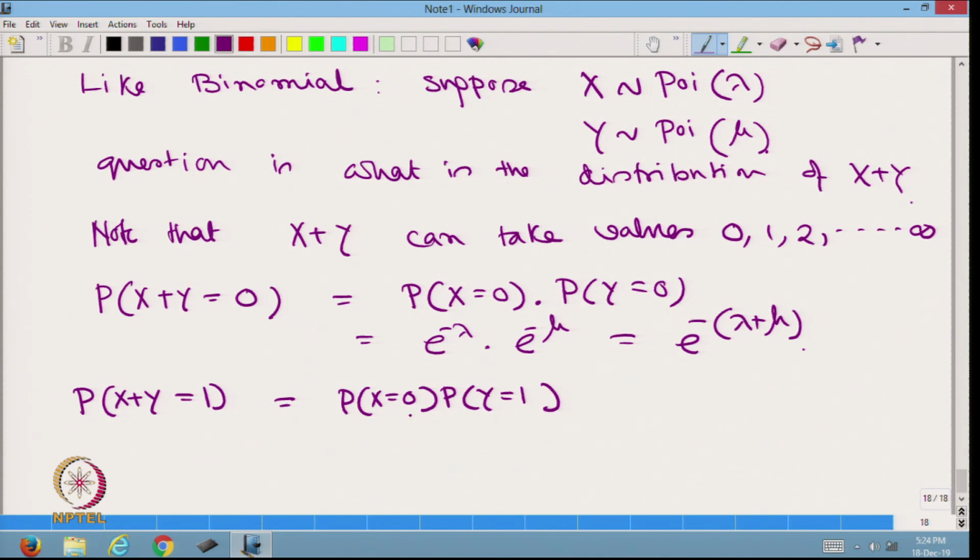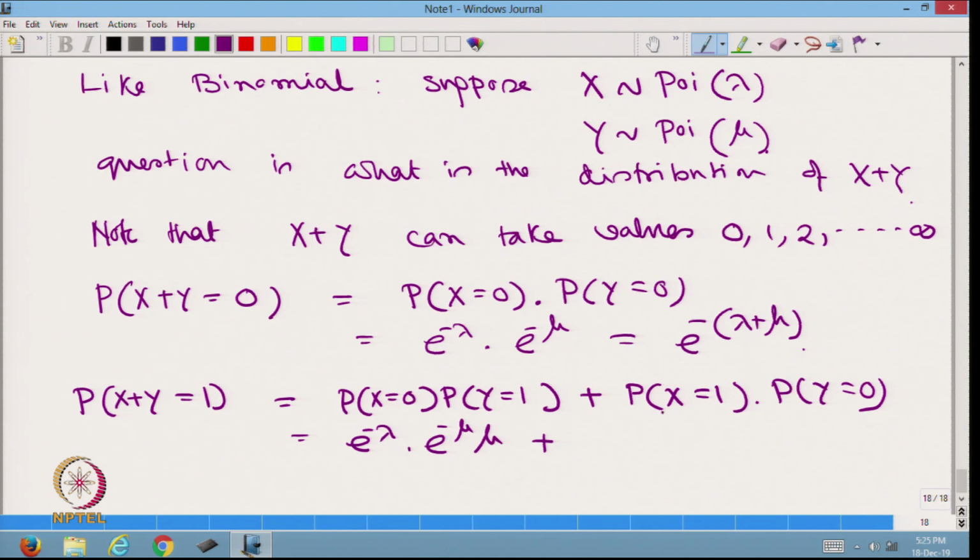Because these are independent, we can write it as the product, plus probability X equal to 1 multiplied by probability Y equal to 0, which is e to the power minus lambda multiplied by e to the power minus mu into mu, plus probability X equal to 1, which is e to the power minus lambda lambda power 1 upon factorial 1, into e to the power minus mu.